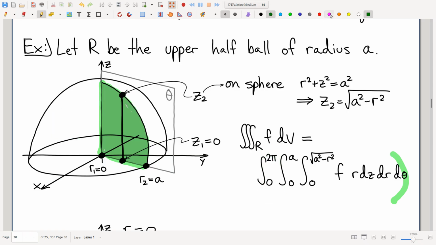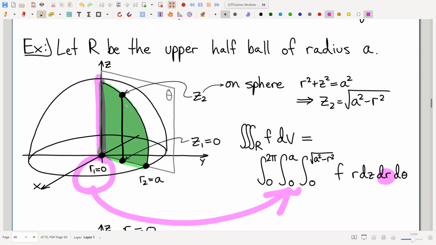Now we got to ask for the next variable. Let's look at r. R slices represent as I go outward in what you might call the r direction. And those slices are going to, I hope, believably look kind of like that. And let's think about where they start and end. There's the first value of r. That's on the z-axis where r is clearly 0. Is that cool?